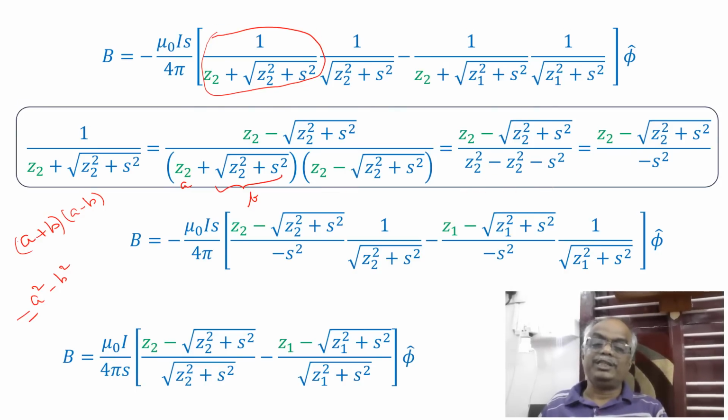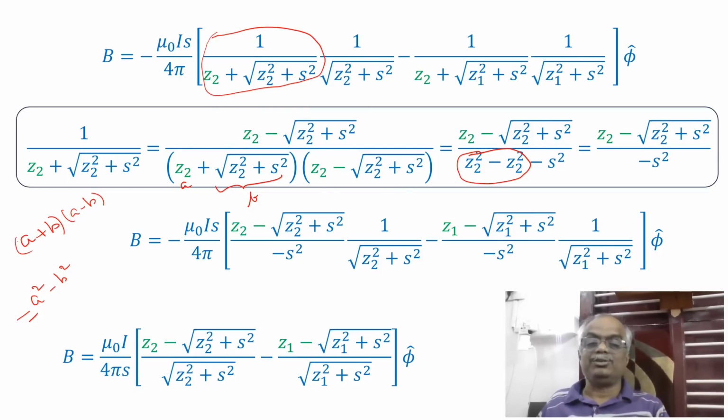Here you can notice that z2 squared minus z2 squared will become 0, so this will get cancelled out. In the denominator you will get only minus s squared. In the numerator you have z2 minus square root of z2 squared plus s squared.